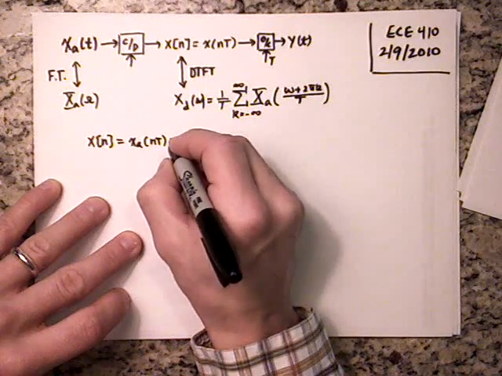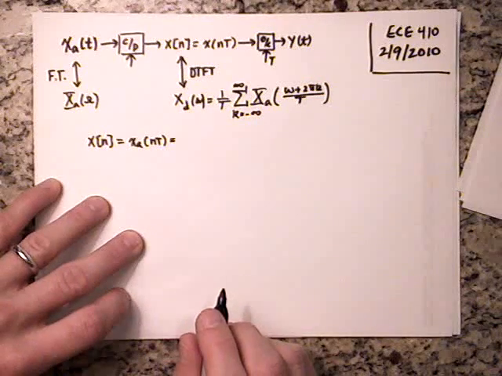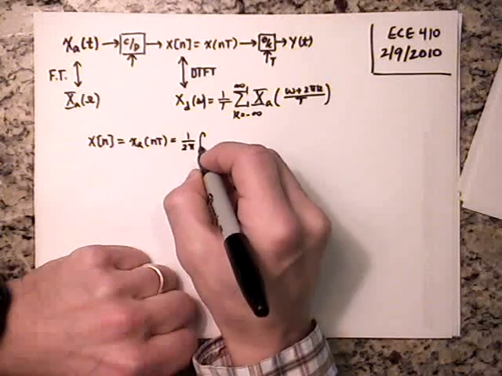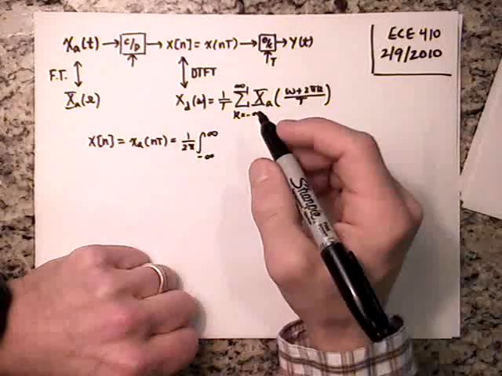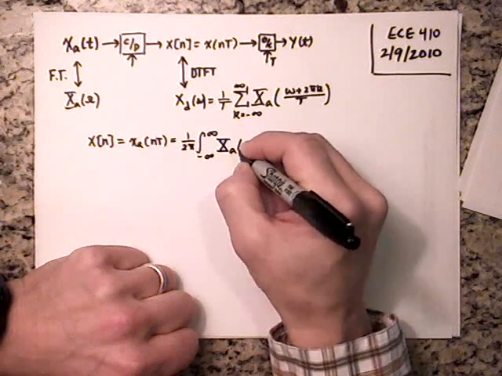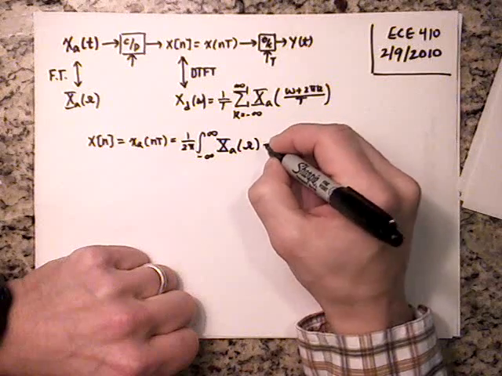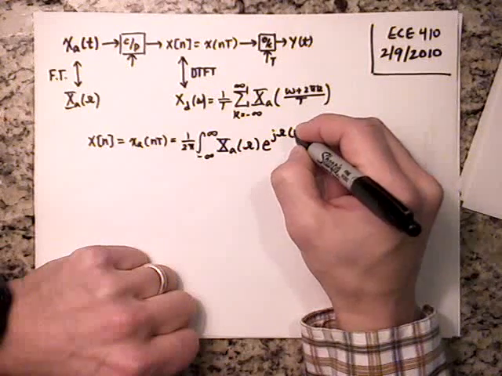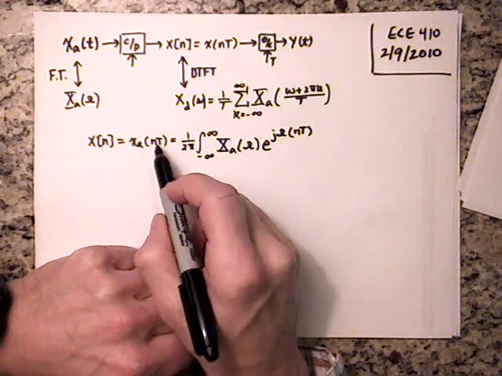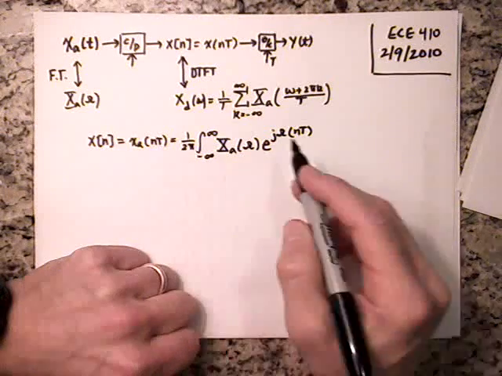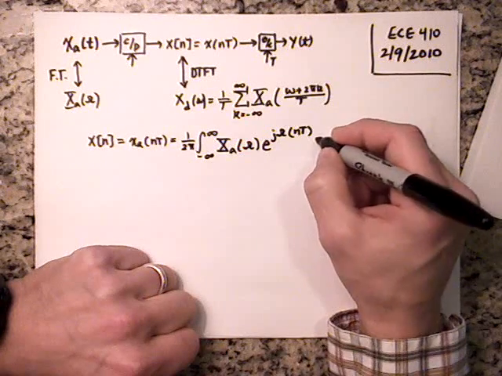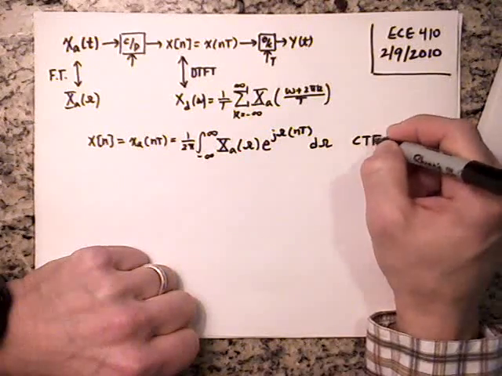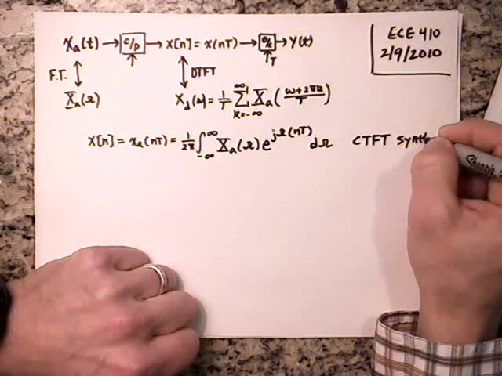Because those are samples of the continuous time waveform, I can use the inverse continuous time Fourier transform, but I can evaluate that at the time n capital T, because I'm evaluating xa of t at time n capital T. So I'm just writing down the continuous time Fourier transform synthesis relation. This is the continuous time Fourier transform synthesis equation.